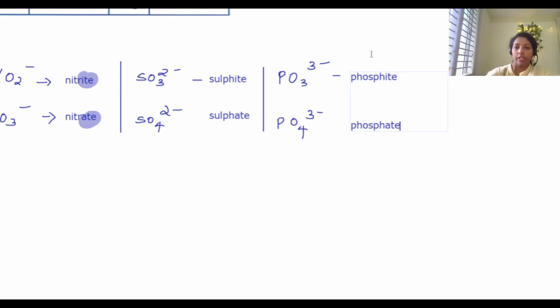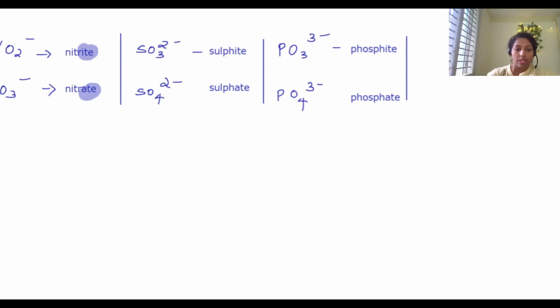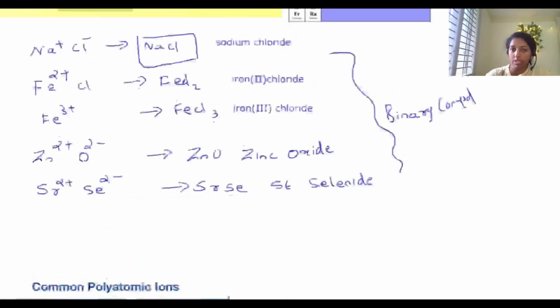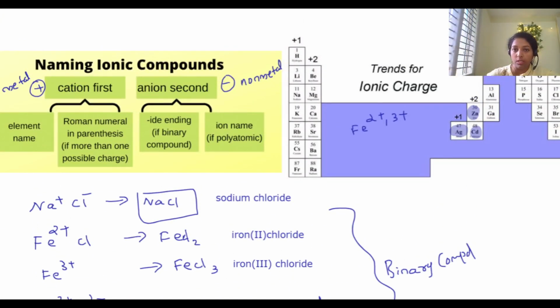Now let's see another important compounds. Chlorine, like halogens. Halogens are not only two combos. Halogens means the 17th group: fluorine, chlorine, bromine, iodine.